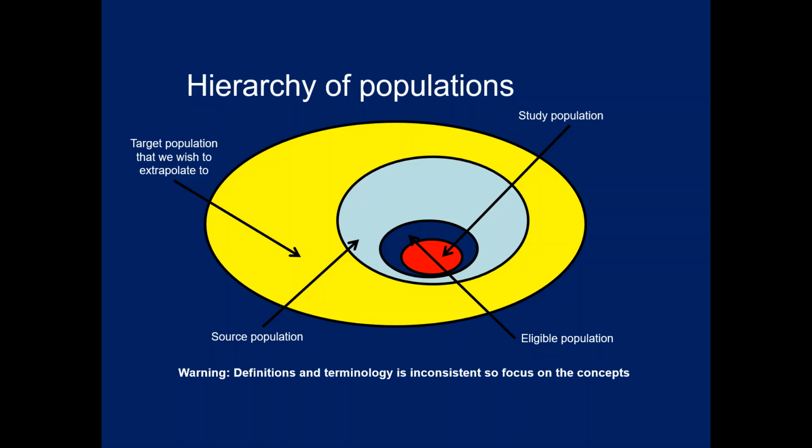So if we drill down, we then come to the source population, and that's essentially who we want to sample from. So let's imagine we wanted to collect data on dairy farms within New Zealand. Our source population would be all dairy farms in New Zealand. Ideally, we would be able to define that source population in terms of time.